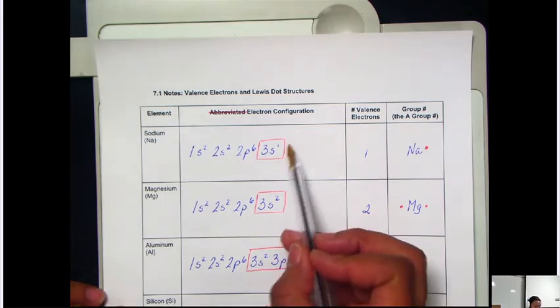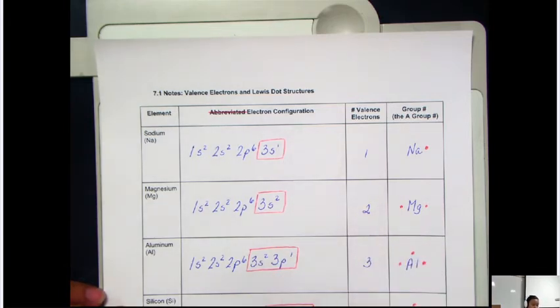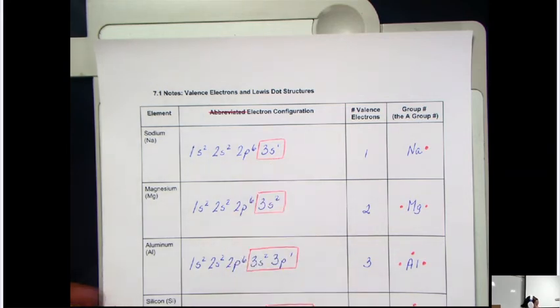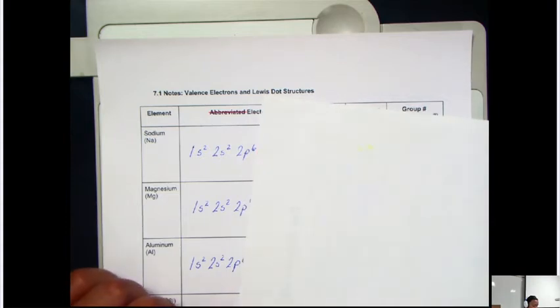Rather than gaining 7 electrons, what it does is it loses that electron. So if it loses that, it no longer has a third energy level, and this will be its configuration: 1s2, 2s2, 2p6.